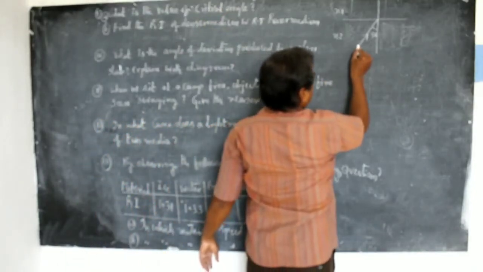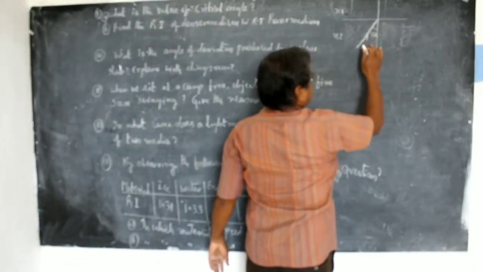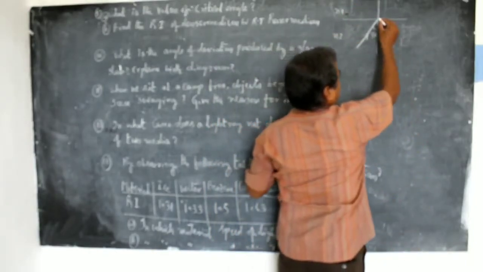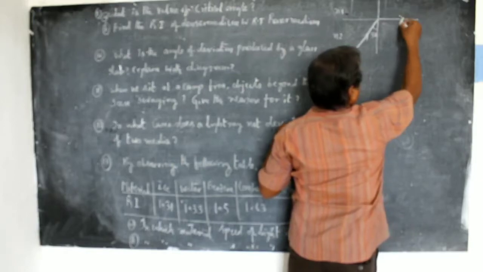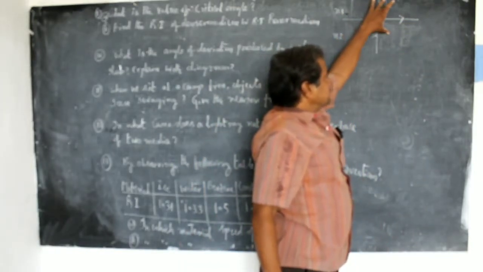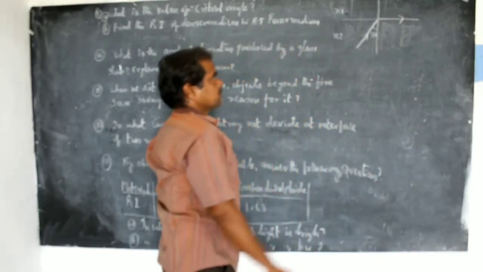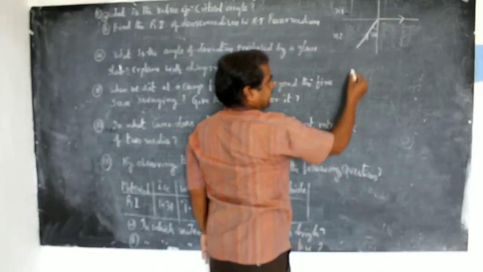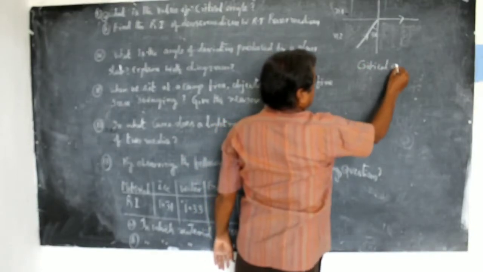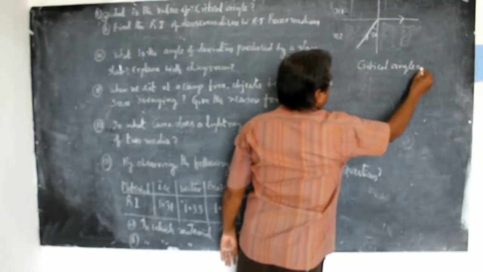The light ray travels from denser to rarer, and the corresponding refracted ray grazes along the boundary of the two transparent media, so this angle is treated as the critical angle. 30 degrees.